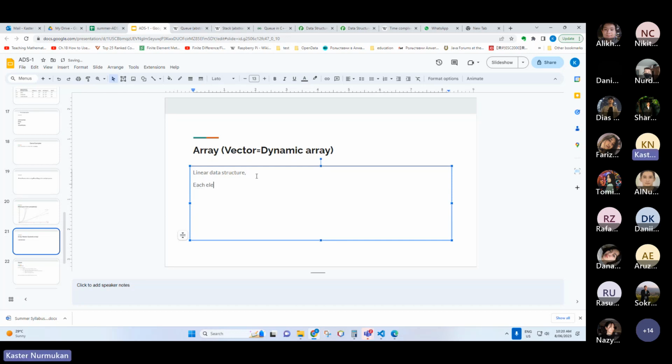Each element is located in memory in sequential order.